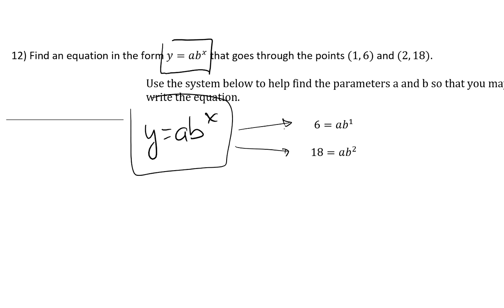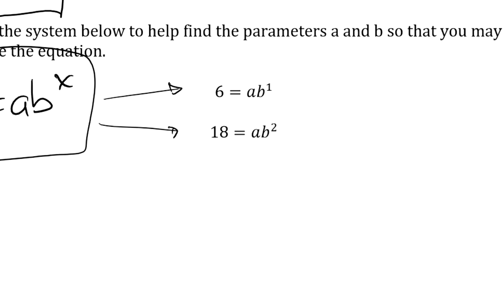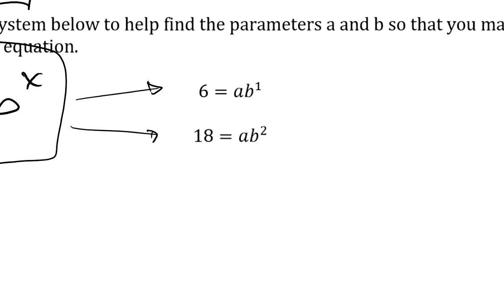Now, the next thing we could do is take a systems of equations approach with this. We probably have to use substitution here. If I look at this first equation, 6 equals ab to the first, but that's just ab. I can get a alone by dividing both sides by b.